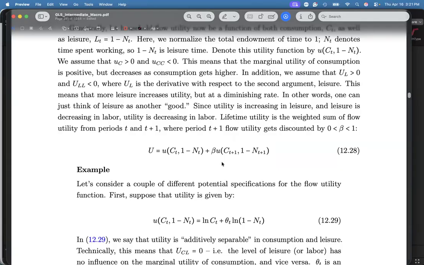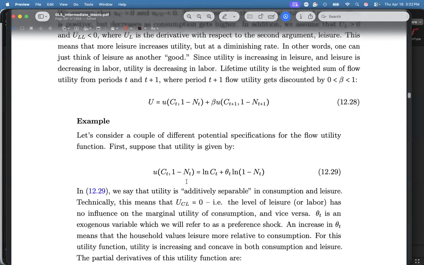Therefore, you need to lower tomorrow's utility by a factor of beta in order to compare it with today's utility. Okay? And beta is an indication or a reflection of the fact that we want or we enjoy current consumption more than future consumption. Okay.